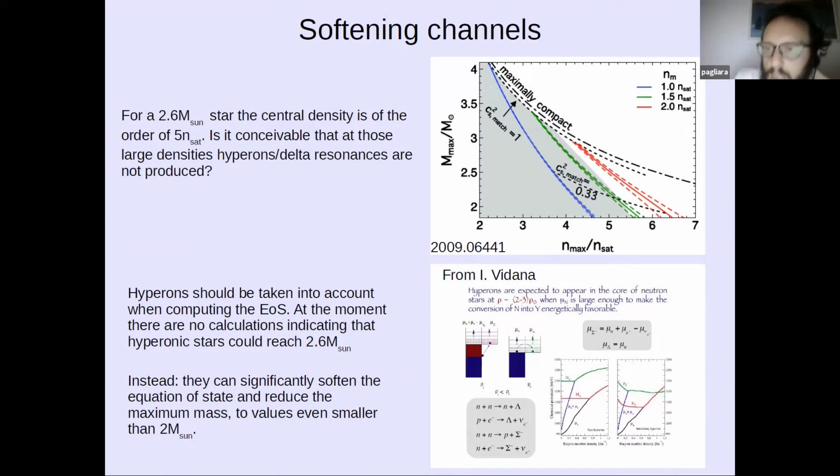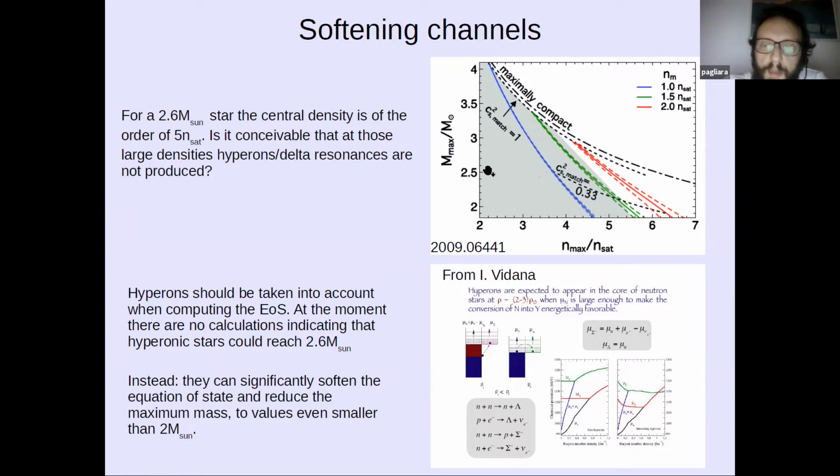And let me discuss a little bit why this object, if it is a neutron star, is also interesting from the point of view of the composition. This is a general result that has been obtained by Lattimer et al., in which you can see the constraint on the central density depending on the maximum mass.